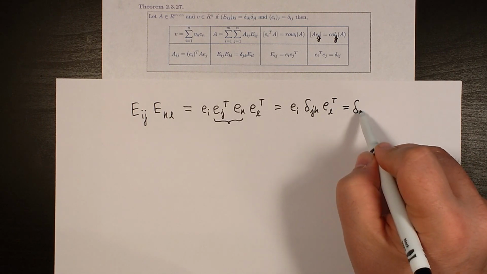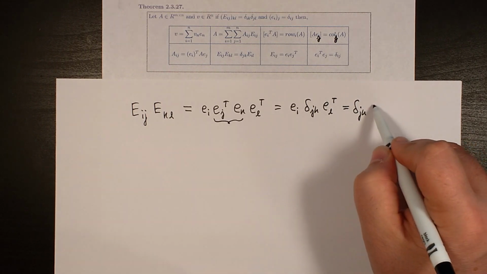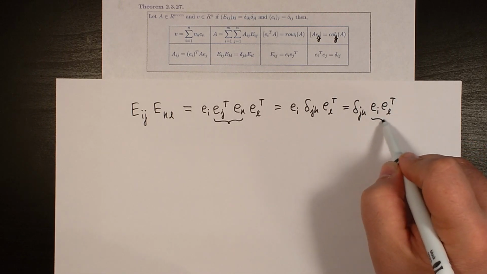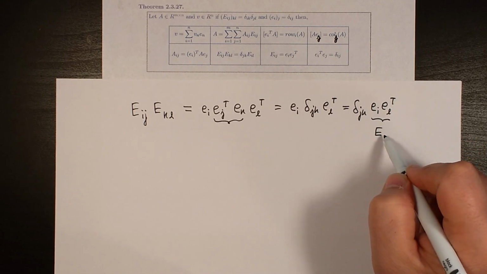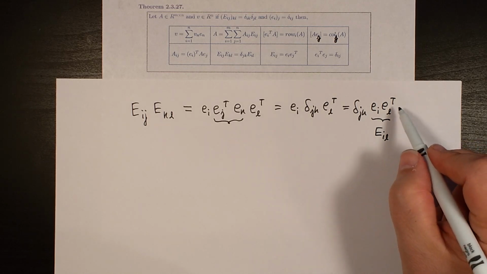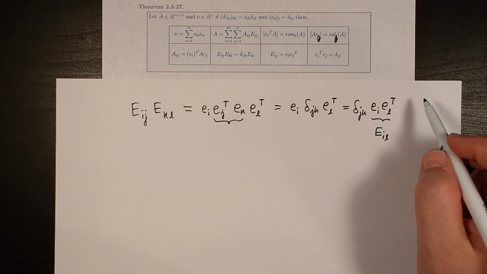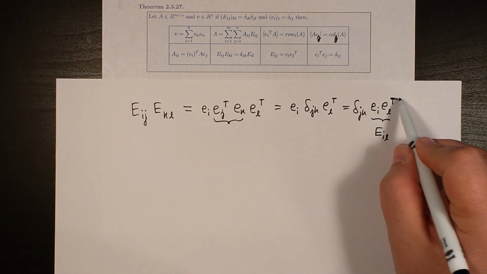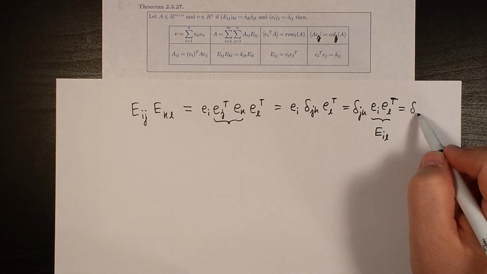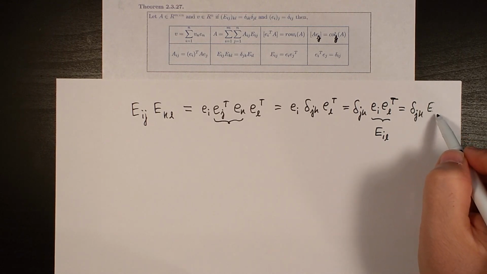Pull the Kronecker delta out: delta jk, E_i E_l transpose. But that's exactly the matrix unit E_il. By the way, it's an unfortunate term because a matrix unit is not an invertible matrix. It doesn't have a multiplicative inverse. We'll talk about that in the next lecture, or video. So there you have it: the Kronecker delta jk times E_il.